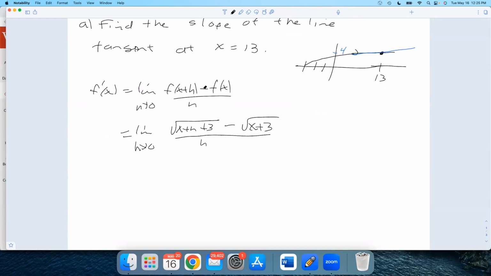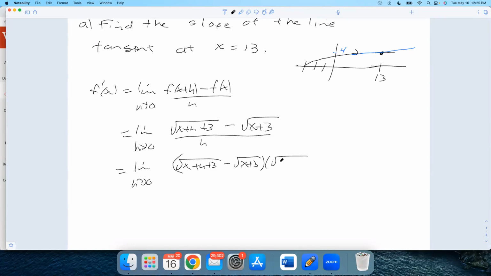Okay, on these radical problems, you got to multiply top and bottom by the conjugate of whatever your radical is. So we've done a couple of these. I'm going to go through it kind of quickly. So the conjugate of this is leave everything alone, but change that sign. If this were a plus, I would make it a minus.